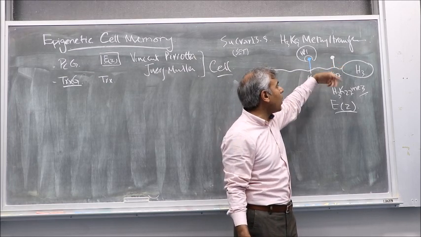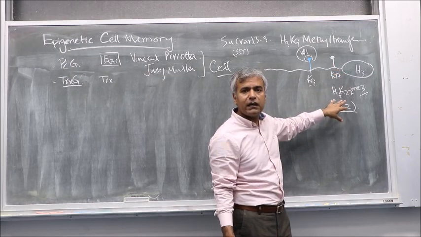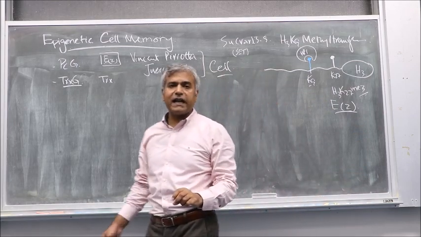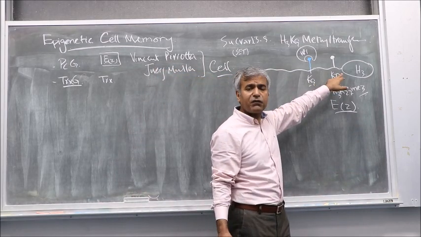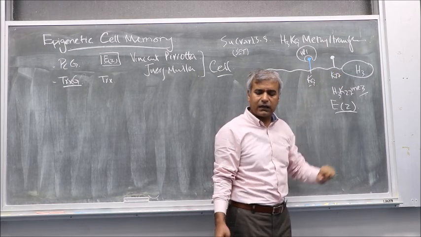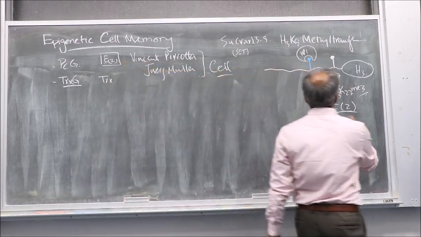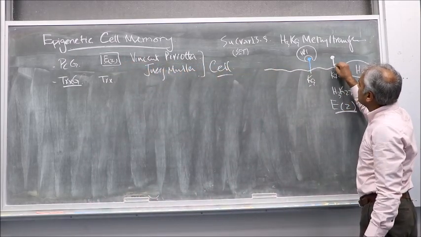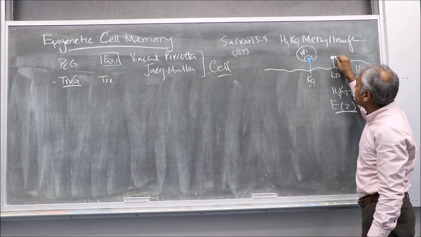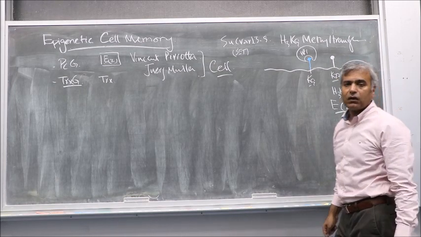Or if you mutate lysine 27 and incubate it in vitro with the enhancer of zeste, after mass spec analysis you don't find a methyl mark on the in vitro reaction products of histones, which means enhancer of zeste is the specific enzyme which catalyzes lysine 27 methylation of histone H3.